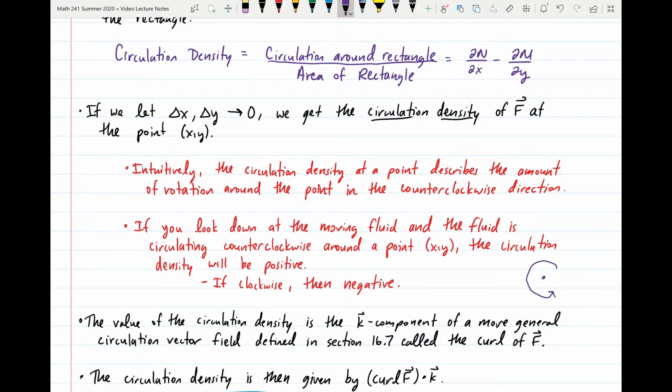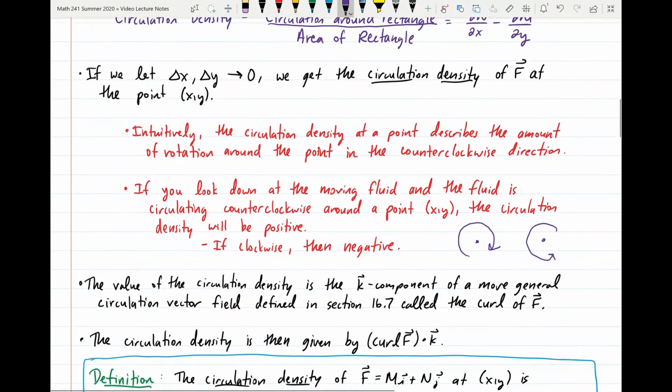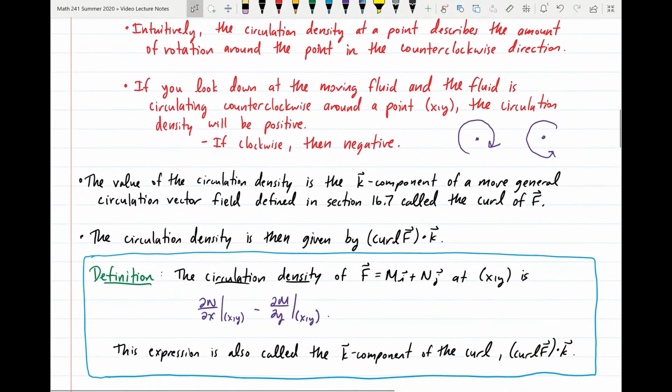As you get really, really close to that point, then the circulation density at that point is going to be positive. And if you look down at that particular point, and it looks like there's a bunch of water rotating around the point in the clockwise direction, then the circulation density is going to be negative. So this is the intuition or the interpretation of circulation density.